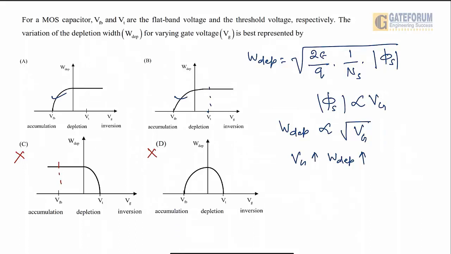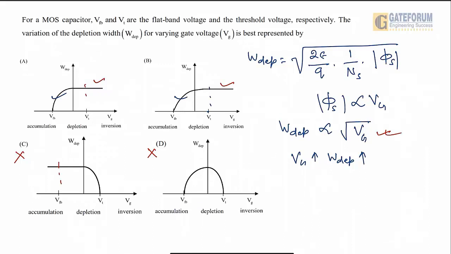And now from A and B, which option will be right? This gives the indication that in this part it is constant, and in this part also it is constant. Meaning in the inversion regime, the depletion region must be saturated and should not change. But in the depletion regime, it should follow the relationship with the square root of Vg.